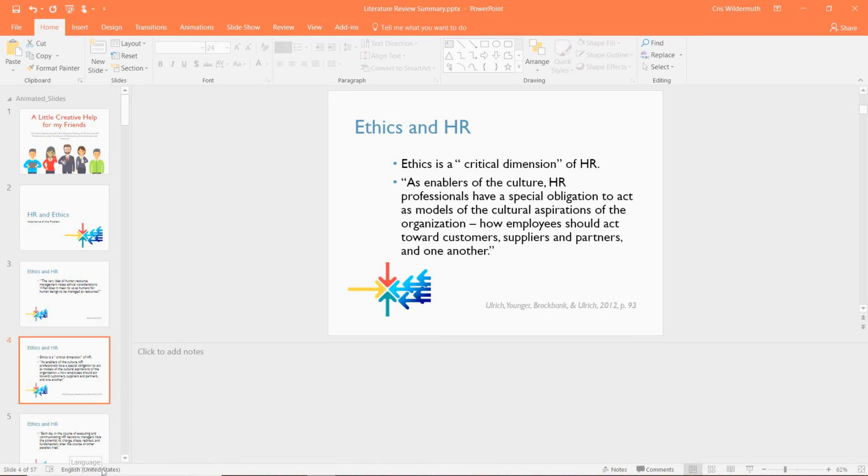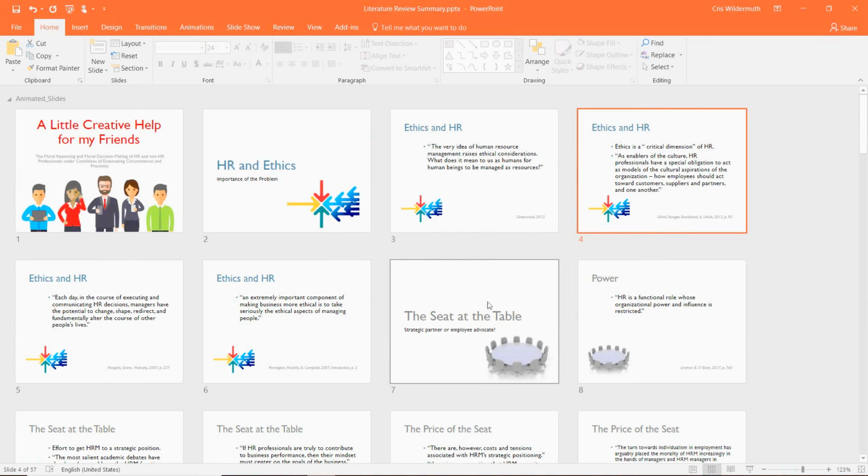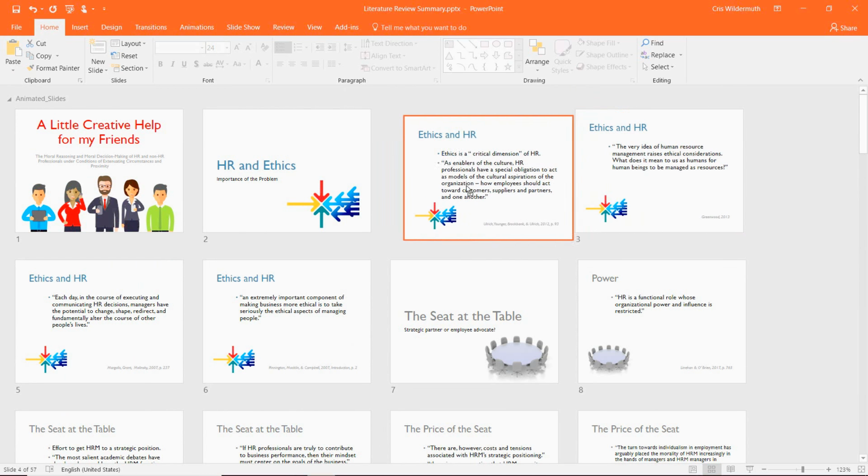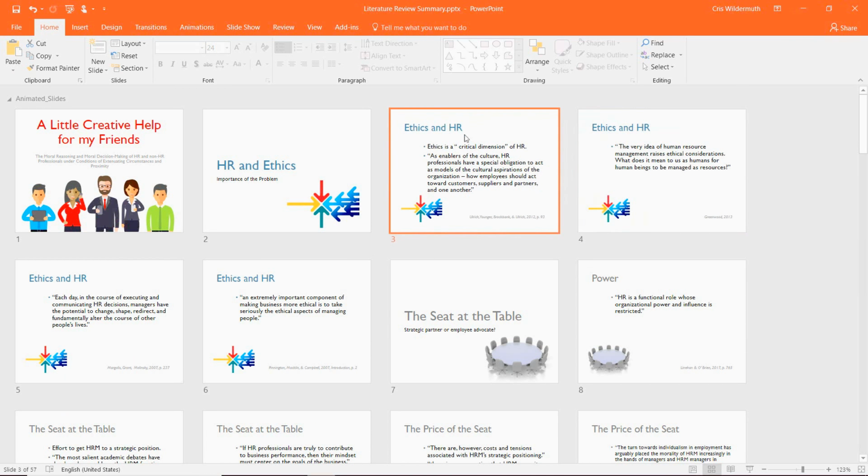So if I go down here and I change my view to, what is the name of this view? Slide sorter view. You notice that not only can I move things around, so I can say, ooh, I think I should start talking about, in this case, the fact that ethics is a critical dimension for HR, and then move on to discussing the fact that even the very idea of being an HR manager raises ethical concerns.